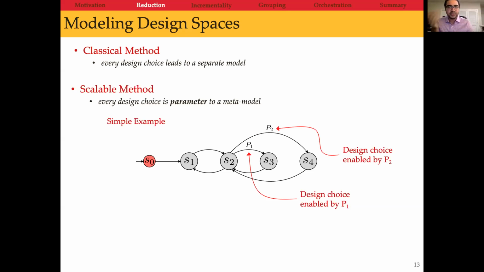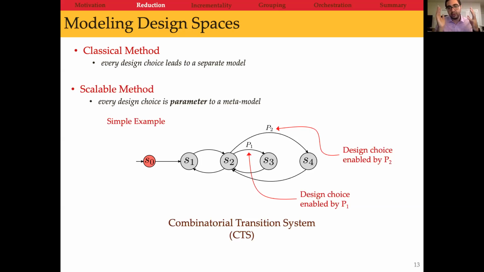We call this resulting transition system with parameters a combinatorial transition system, and we present theory that allows us to reason on that in our papers. The different combinations of configurations for the parameters P1 and P2, if we set it to true or if we set it to false, each unique combination for the parameters leads to individual models in the design space that have to be checked against design requirements.